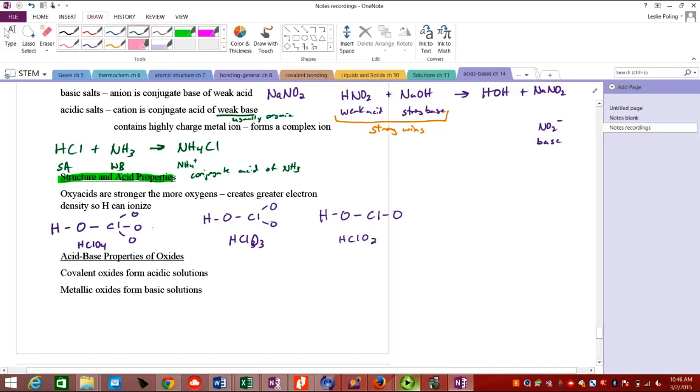So we've got a whole lot of minus going this way. We still have more minus going this way, but not as much. So this can pop off as a positive hydrogen easier the more negative there is pulling in the opposite direction.